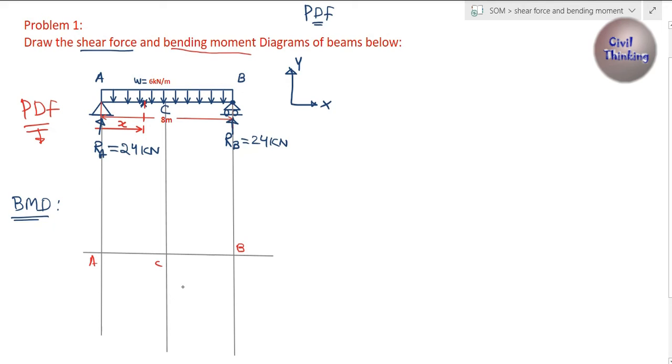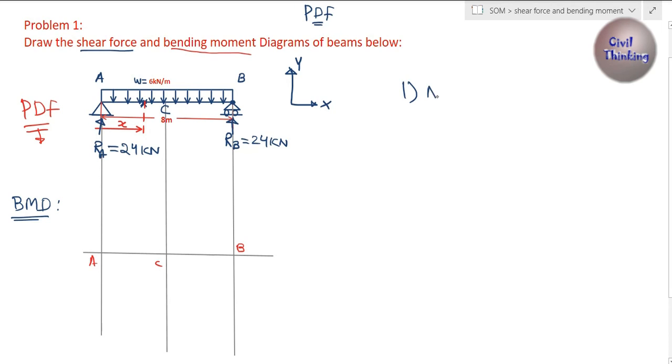Now again, to draw the bending moment diagram, we need two things. Basically we need the bending moment at every point from A to B, but that is going to be too long. So we are going to find two things.